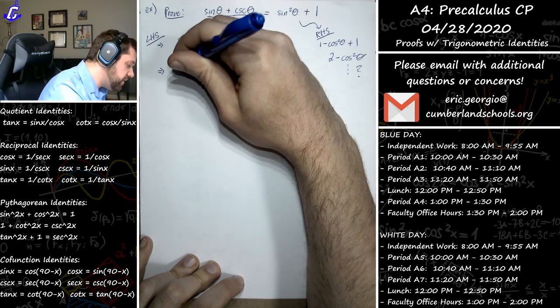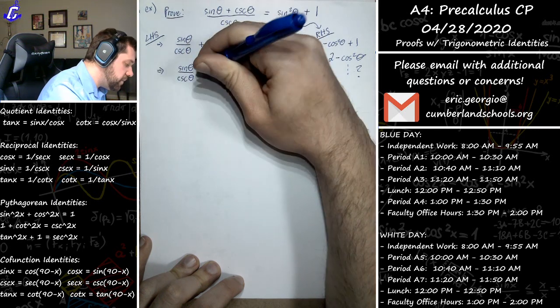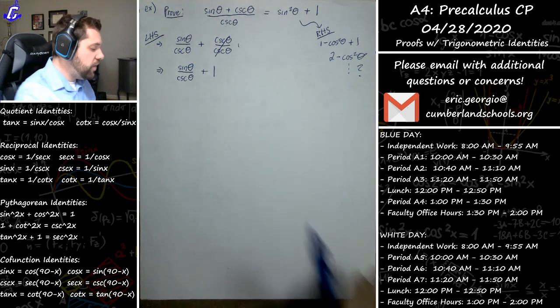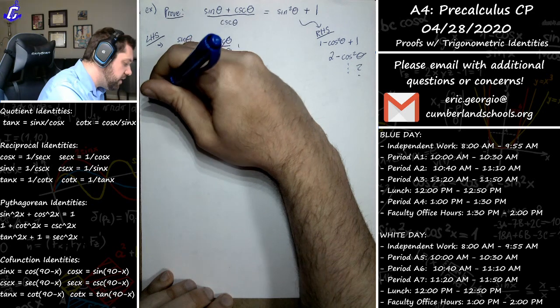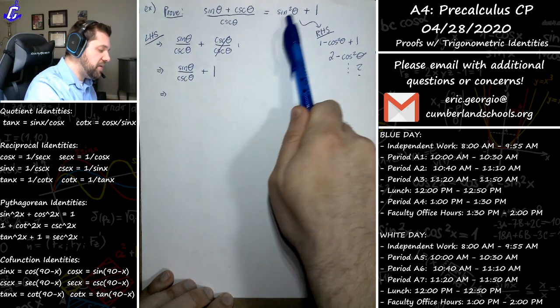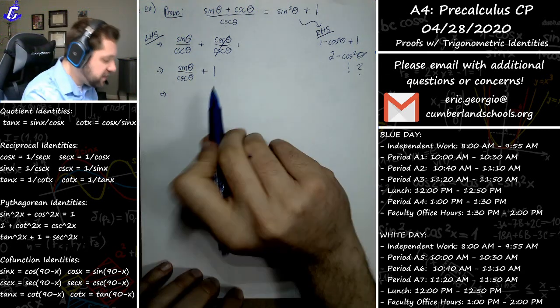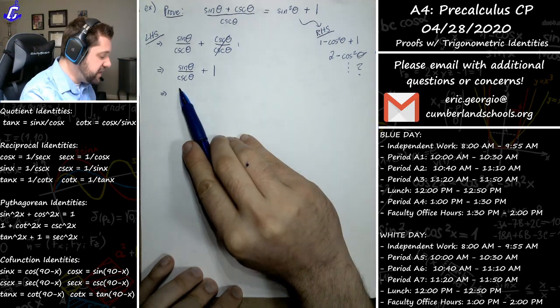So I'm going to rewrite this as sine of theta over cosecant of theta plus 1. Because again, we're aiming for sine squared of theta plus 1, you might be like, oh, I got my plus 1. That's good. I don't want to touch this. I have it. That's what I want, and I got it. Let's try to make this look like sine squared.